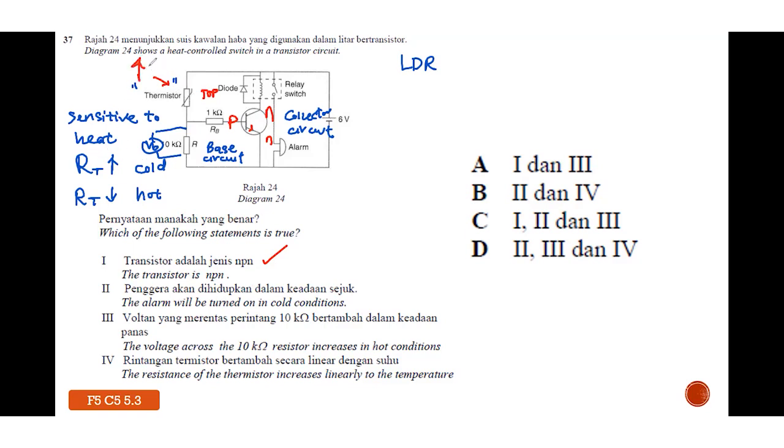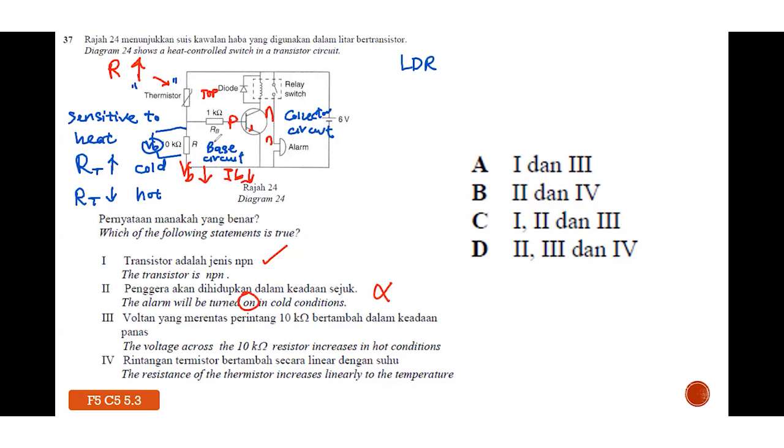Then as mentioned, if the resistance on top is high, the bottom will be low. So if the resistance at the base part becomes low, your base voltage will also be low. If base voltage is lower, the current will be low, and everything will not function. So by right, it will turn off. So this is wrong.